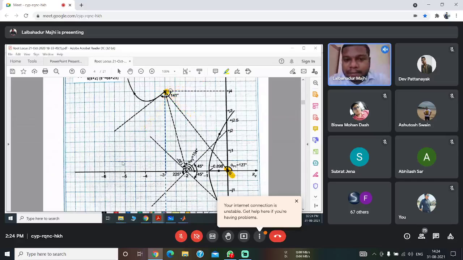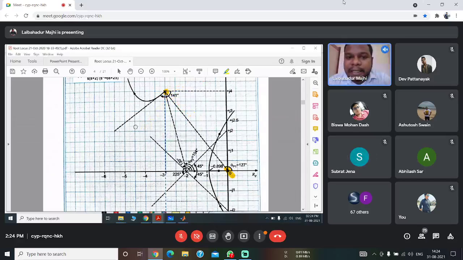So for that we have to determine the angle of departure, at which angle it will start. Suppose for this complex pole we are determining the angle of departure. Then the formula is 180 degrees minus the angle contribution by all other poles.